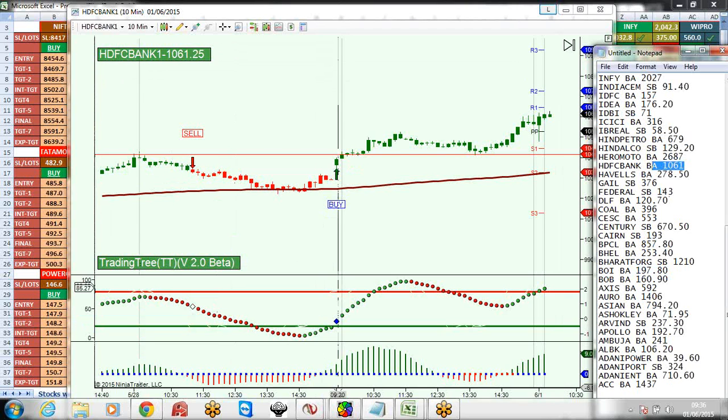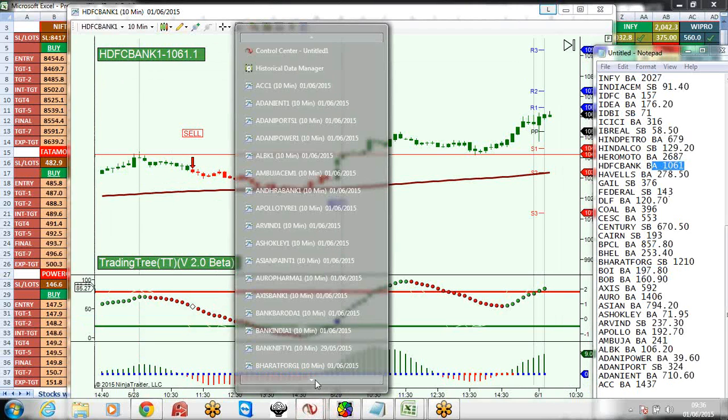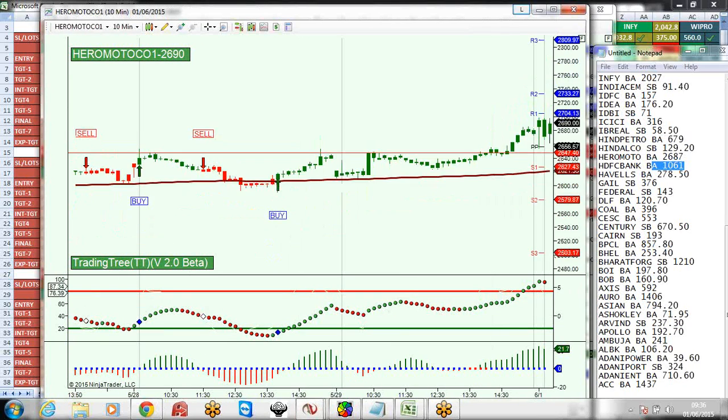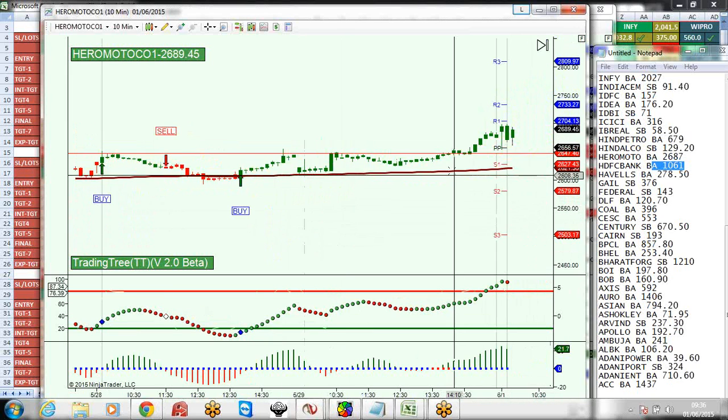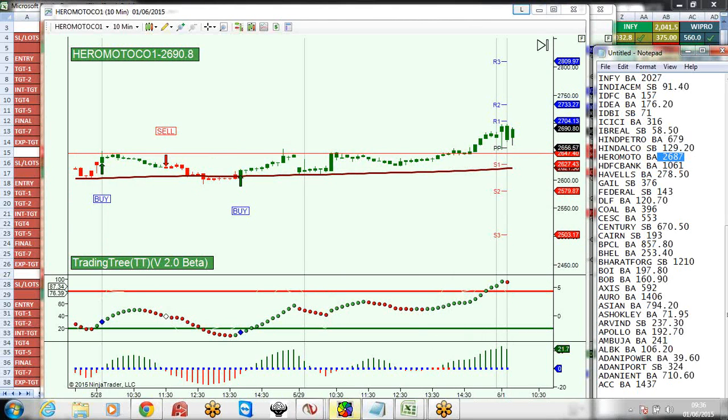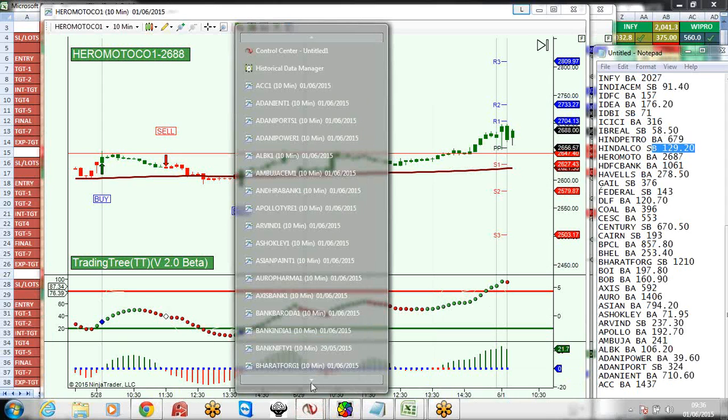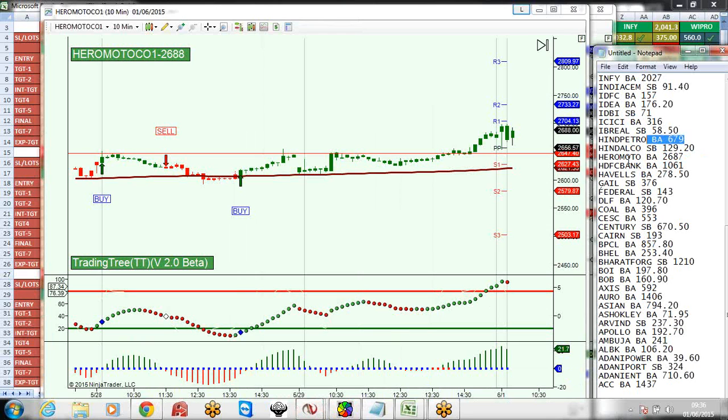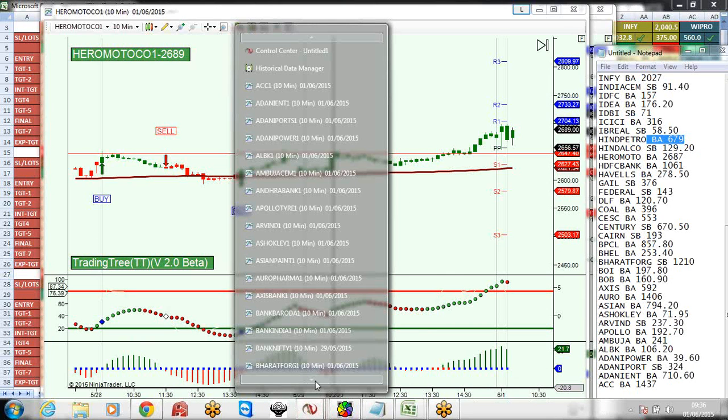Now it is at 1061.25. 2687 is the entry for Hiromoto. It's already in profit. Hindalco, we had a sell below, but we actually have a buy call in FUTURESTREE. In Petro, we have a buy here. We already have a sell call. I've already shown you that.